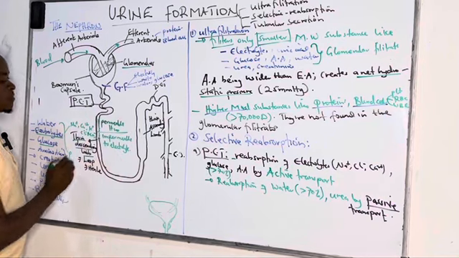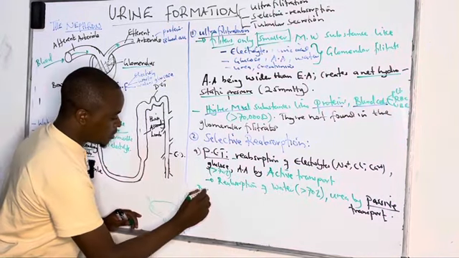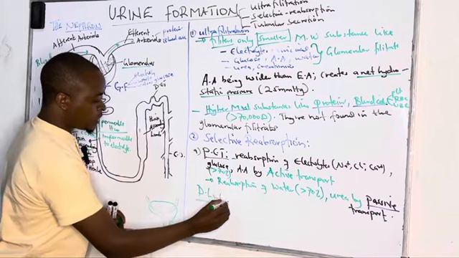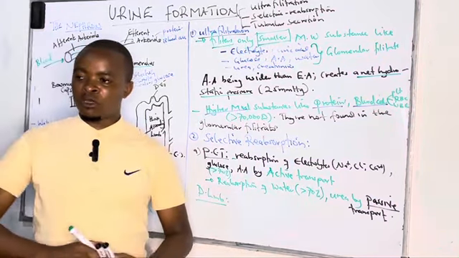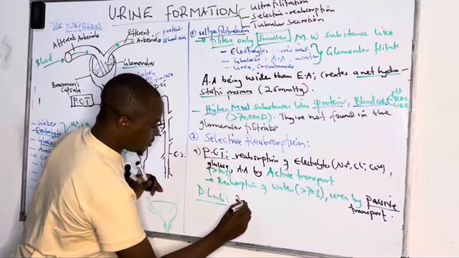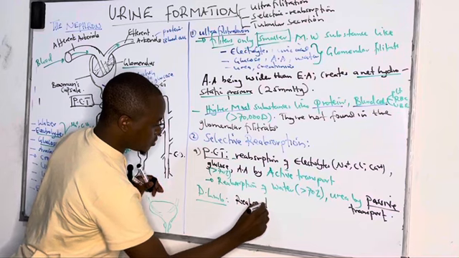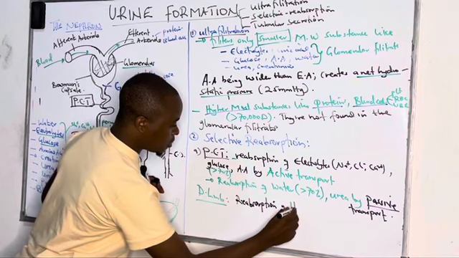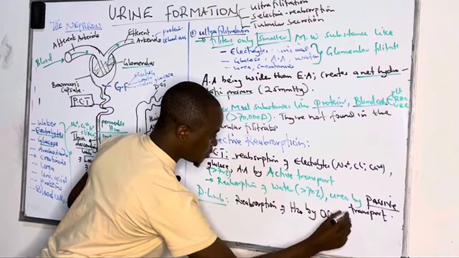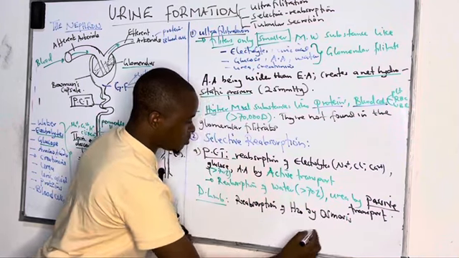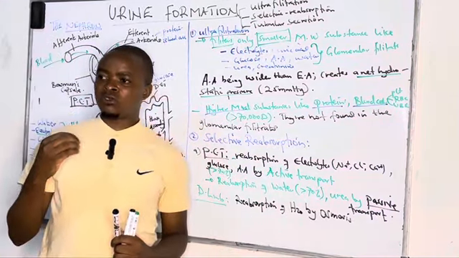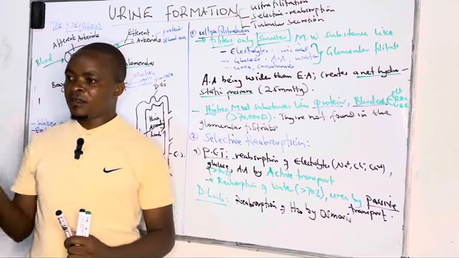So in the descending limb of the loop of Henle, we see majorly reabsorption of water by osmosis. And because urea is always smaller in molecular size, it is both secreted and reabsorbed.